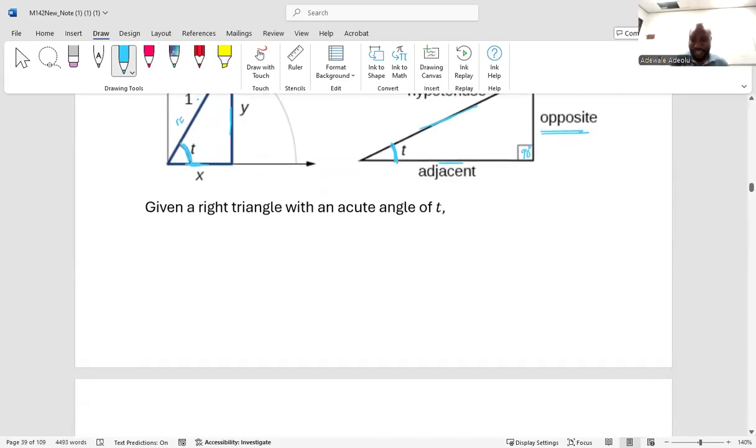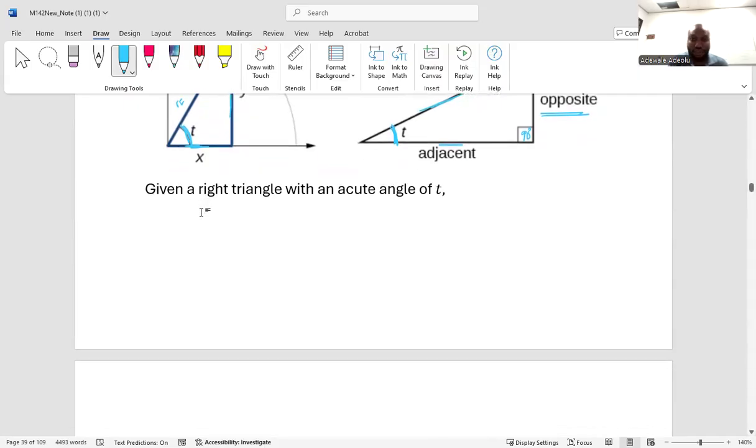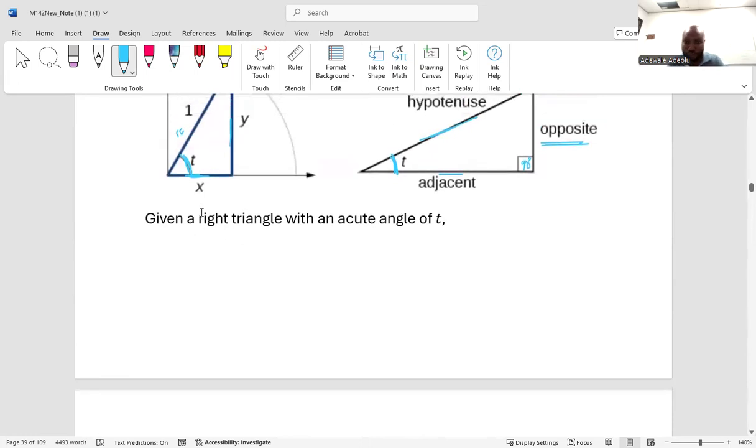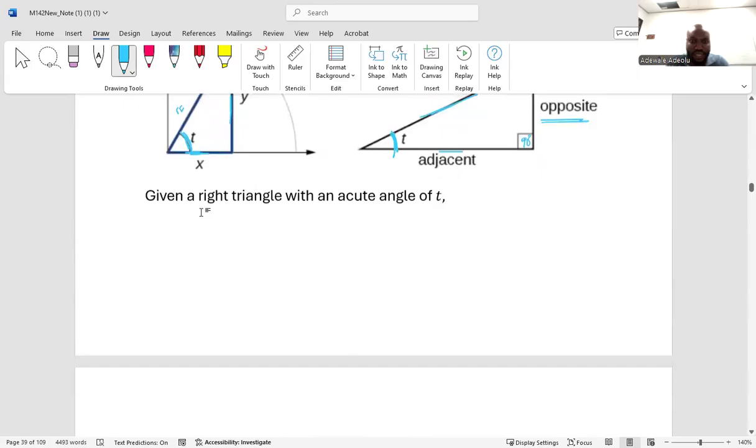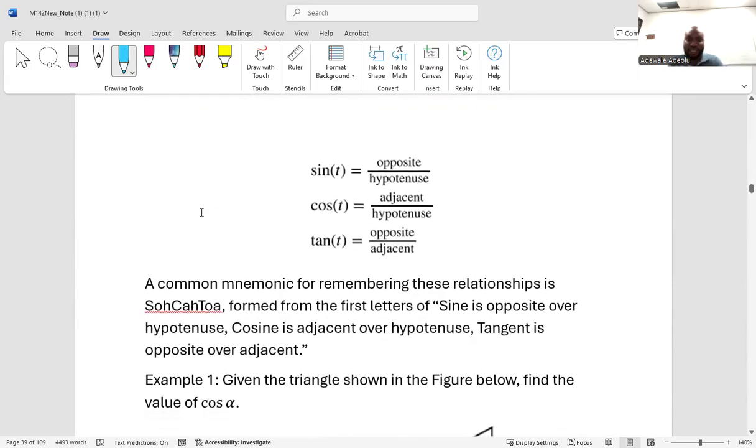Many of you know about this before this class, so I will not take too much time to explain that. Given a right triangle with an acute angle of t, that is an angle less than 90 degrees, then sine of angle t is opposite over hypotenuse.